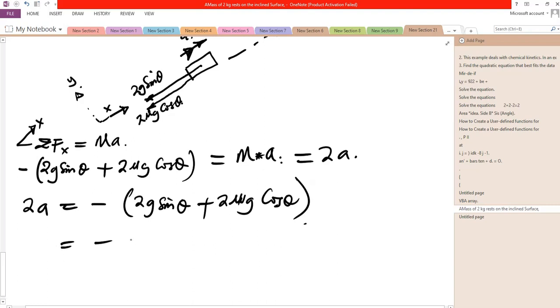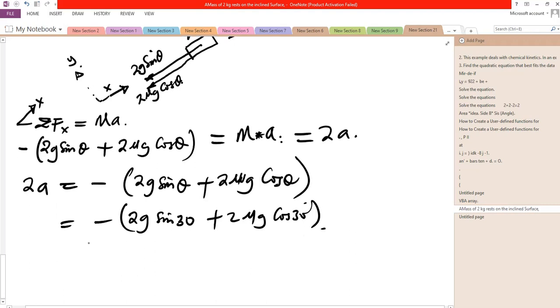And our theta is 30, so you have 2g sine 30 plus 2 mu g cos 30. So this is the same thing as saying minus 2g in bracket sine 30 plus mu cos 30.